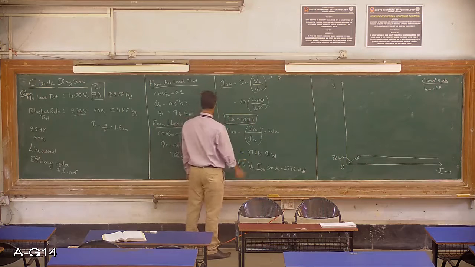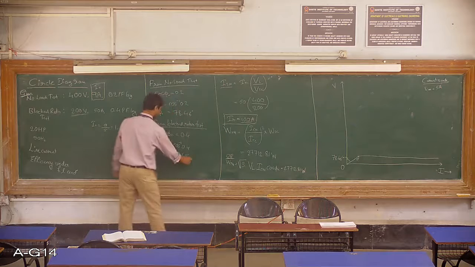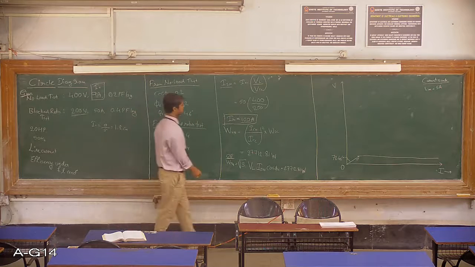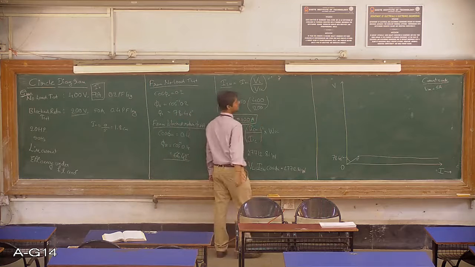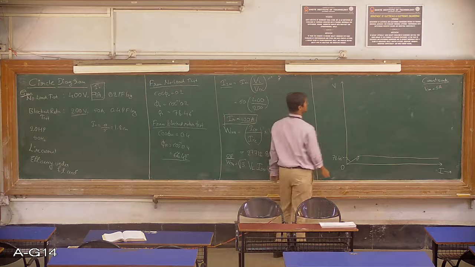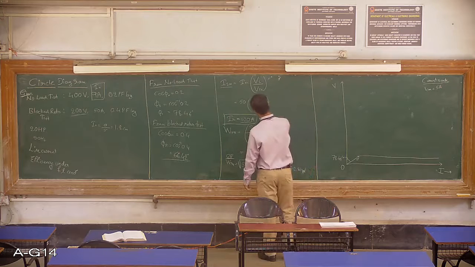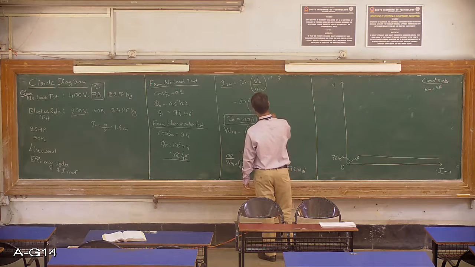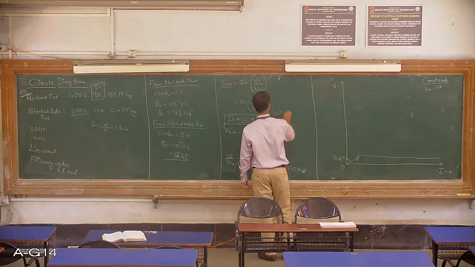By making an angle of phi SC with the V. Now ISN is 100 amperes. Again, using the current scale, it gets converted into only 20 centimeters.